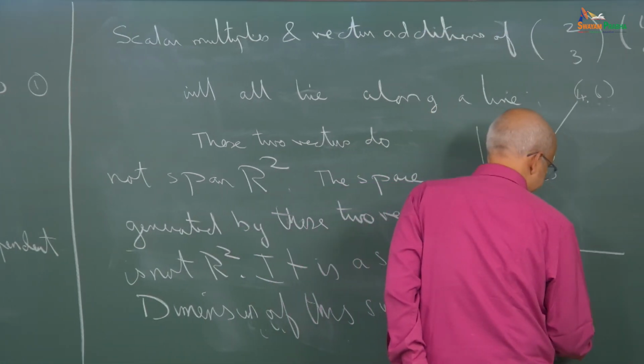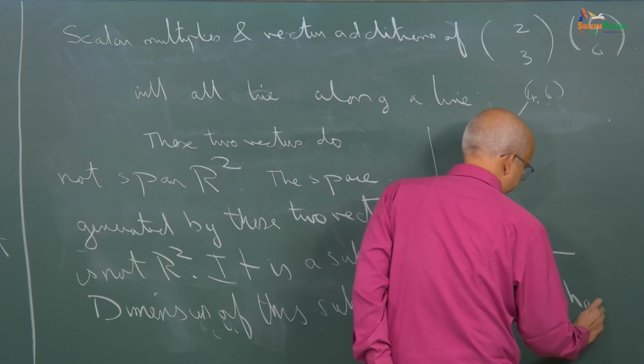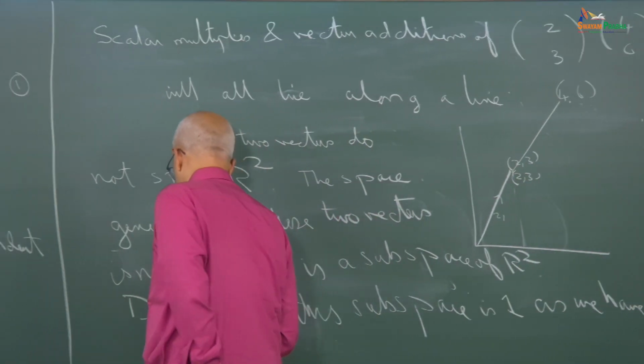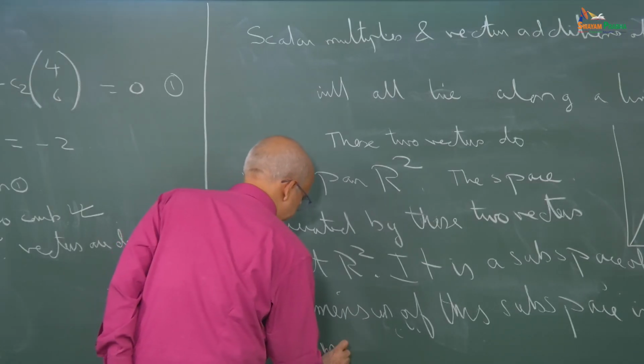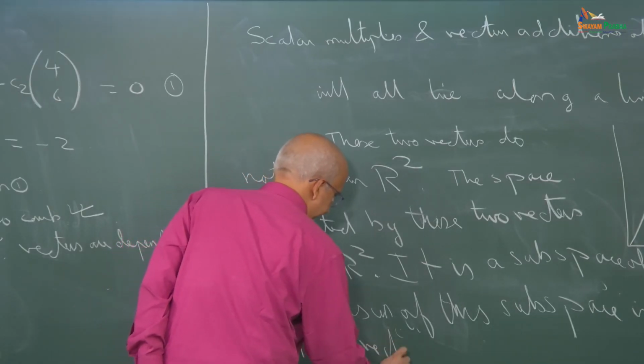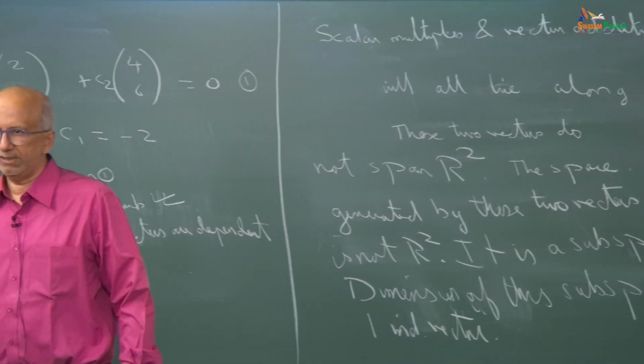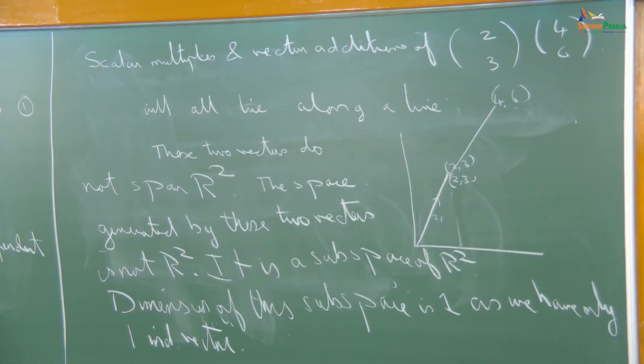One, as we have only one independent vector. Okay. That is the reason it is a subspace.